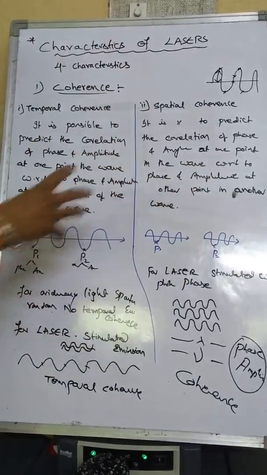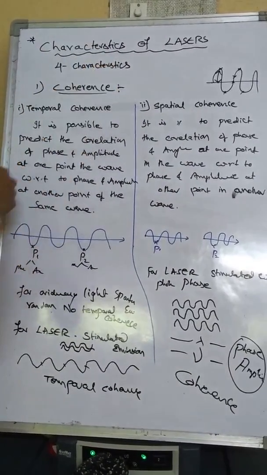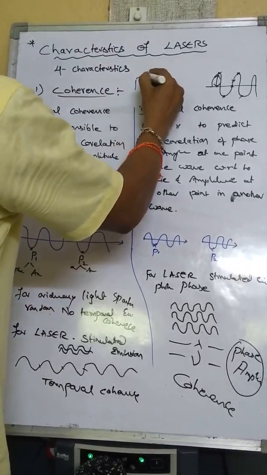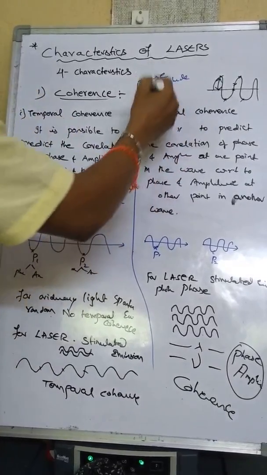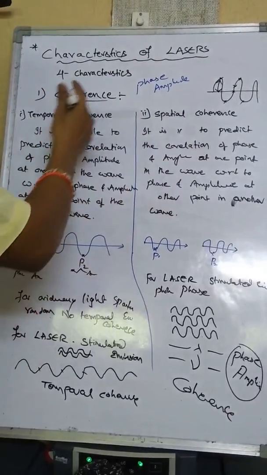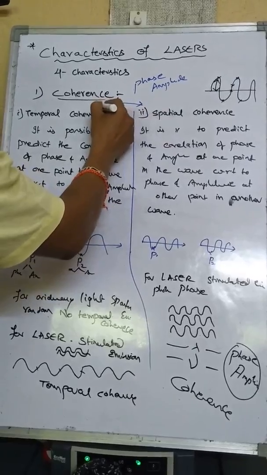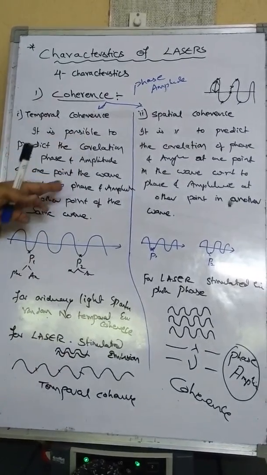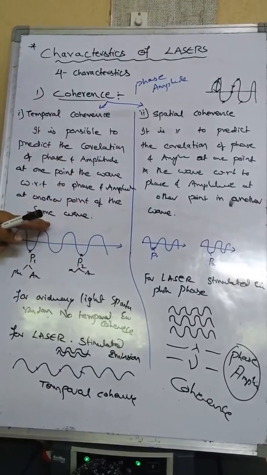So let me review some of the important points. Coherence is nothing but the predictability of the phase and amplitude at one point in a wave, in the same wave, or in the neighboring wave also. Coherence is of two types, temporal coherence and spatial coherence. Temporal coherence is the correlation of phase and amplitude at one point with respect to another point of the same wave.